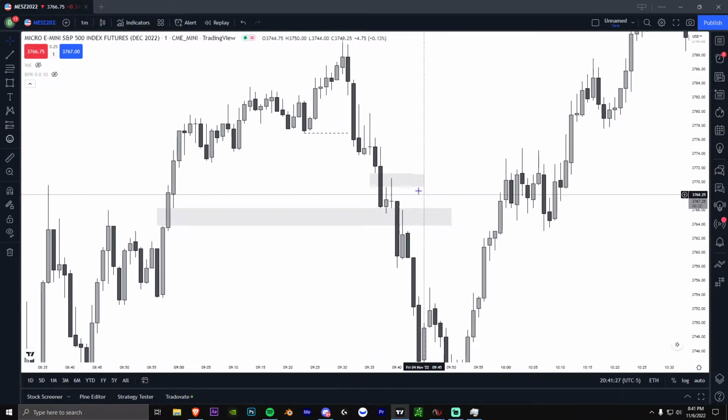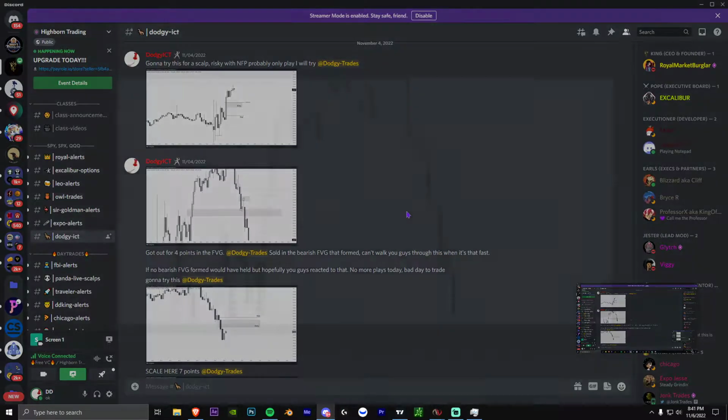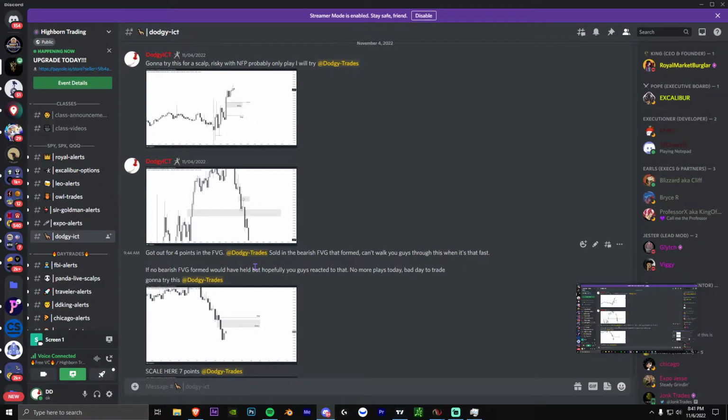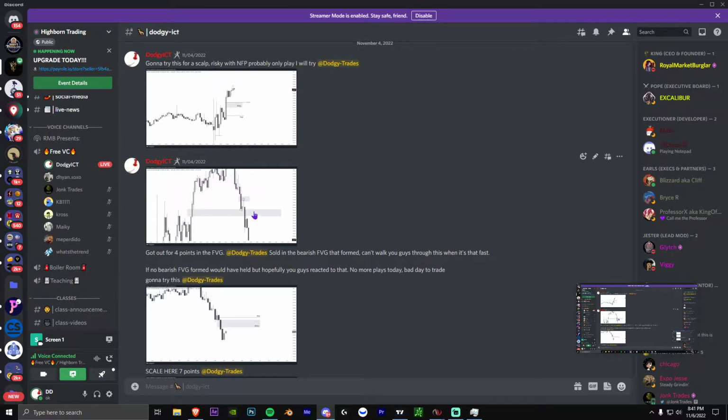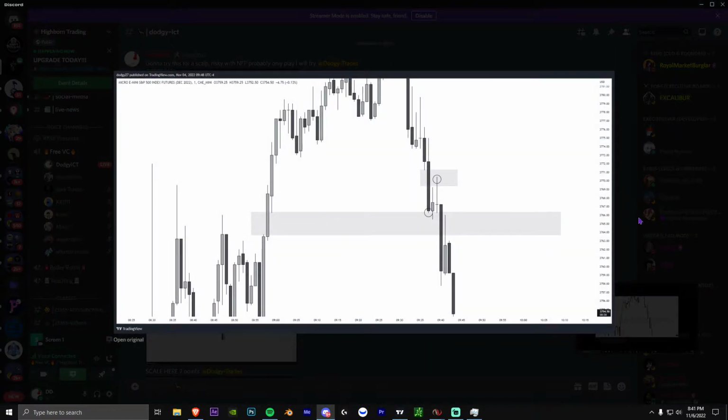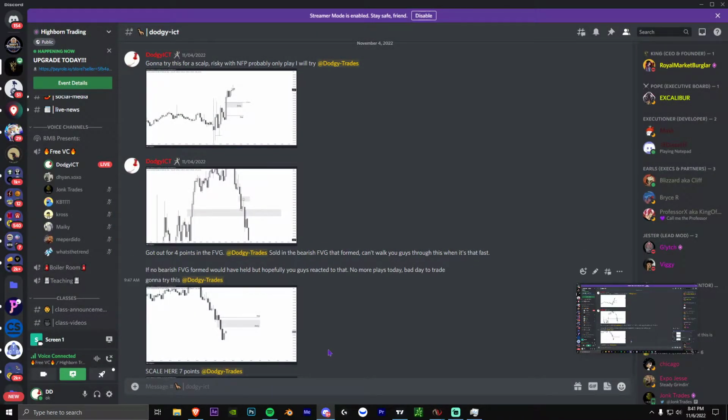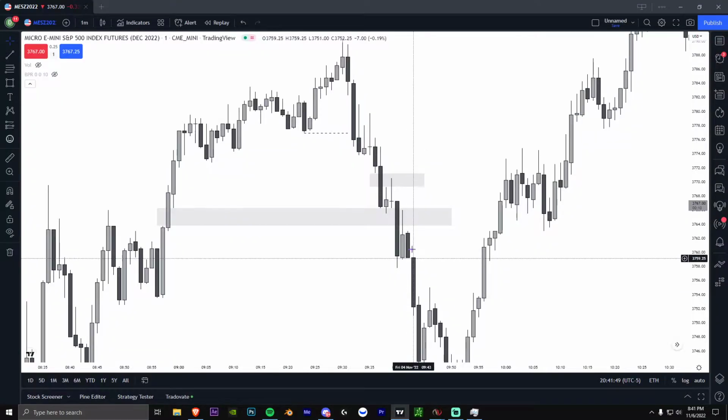So as soon as I saw that and this market structure shift, I sold very quickly for 4 points. I don't think I got the alert on time, but again, this is why you should learn ICT yourself, because if you saw this form in real time, you wouldn't have needed my alert to sell here. So I got a nice fill there, and I ended up exiting pretty quickly for 4 points.